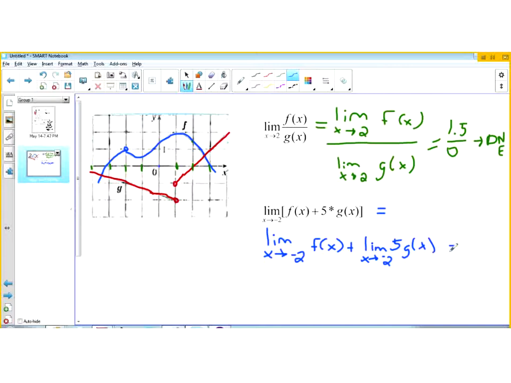All right, and now we can simplify this expression even further. We can factor out the 5, the constant. Okay, so we're applying a number of limit laws here.